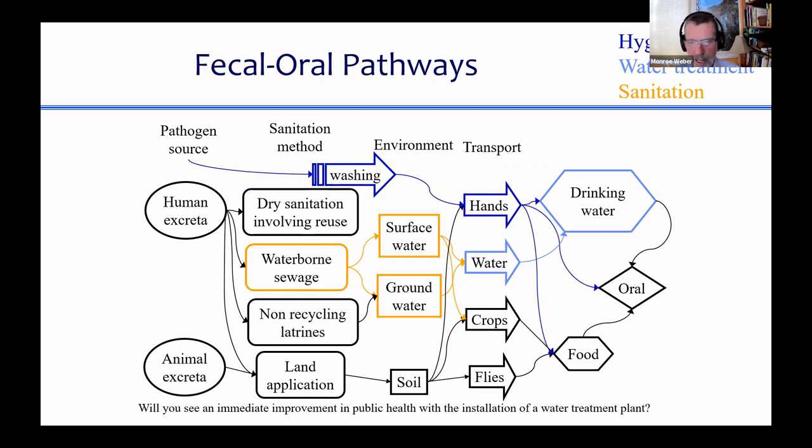It could contaminate the groundwater, it could contaminate the surface water, it could end up on the land and contaminate the soil or be indeed picked up by crops that are planted in the soil. And so if you didn't wash the crops before you ate them, you could end up having pathogens on those crops. And so you'd have a path for ingesting some of those pathogens.